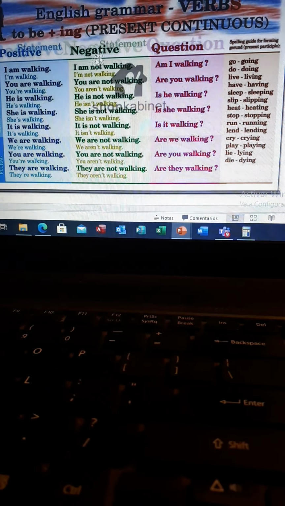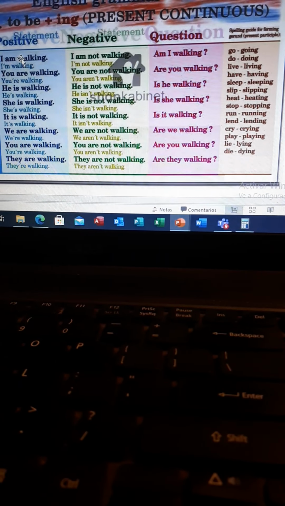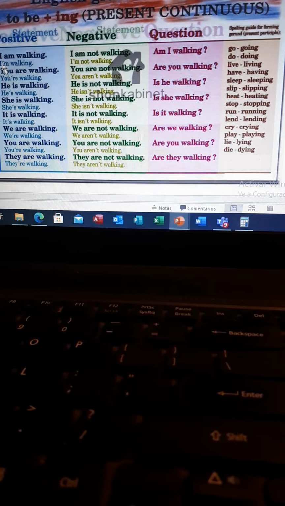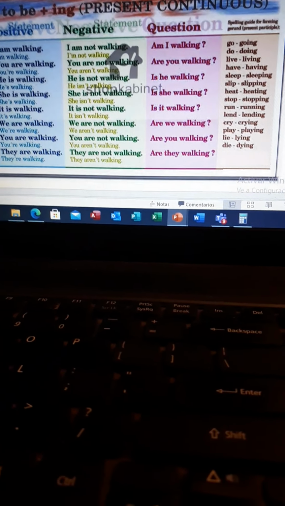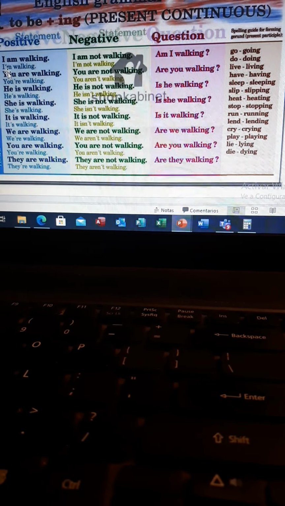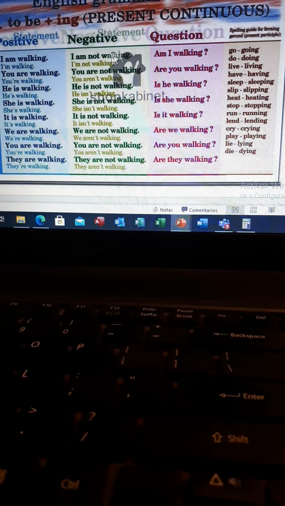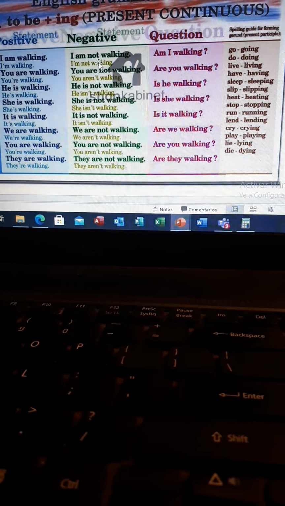Positive, negative, and question. And also, if you see, we have a full form, I am, or we have a short form, I'm walking. I don't know if you see, but it is in lighter color, the letters. I'm walking. I am not walking. I'm not walking. So we have the full form and then the short form.